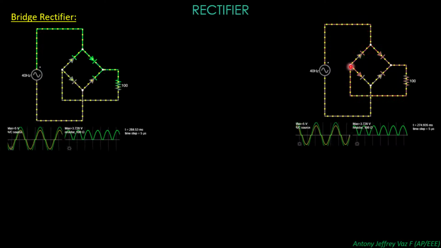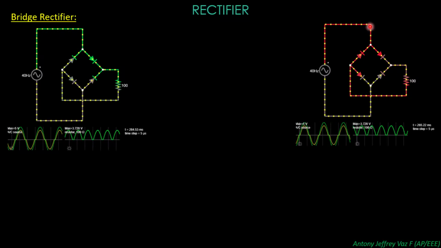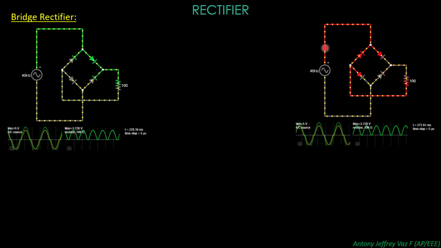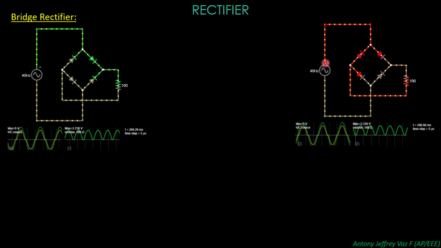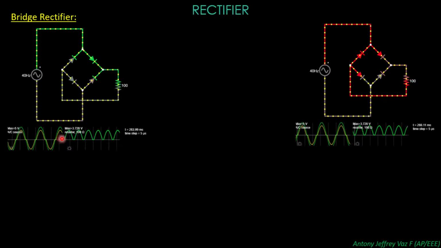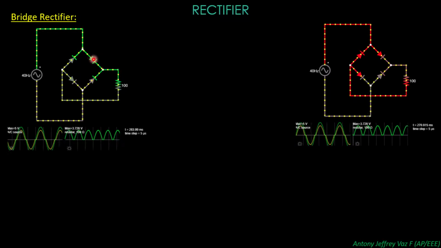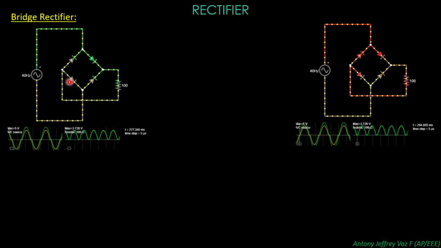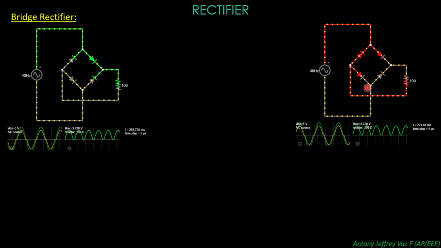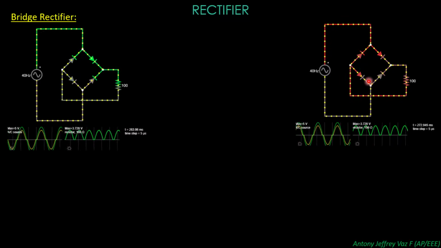And in this state, this diode will be forward biased, so the electrons will go back to the source. So these are the two states. For the positive state, the electrons will flow through the forward biased diodes D1 and D2. In the reverse state, the electrons will flow through D3 and D4.